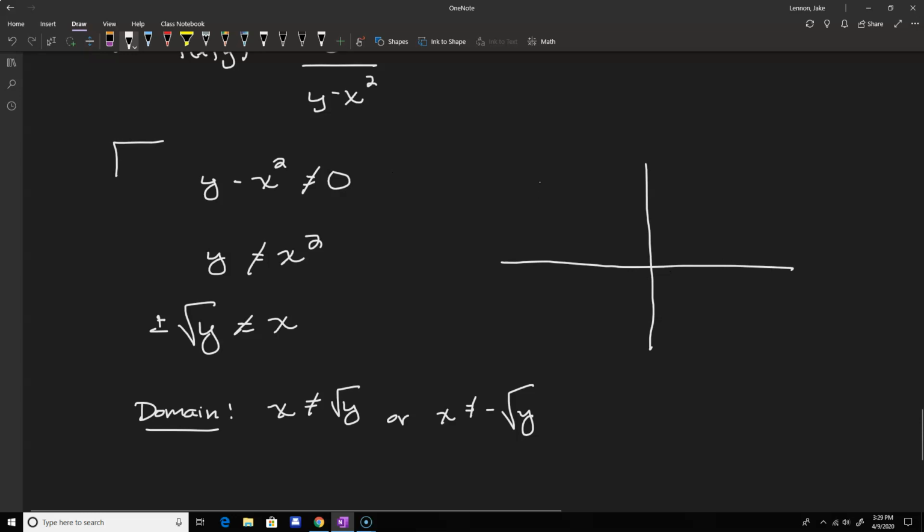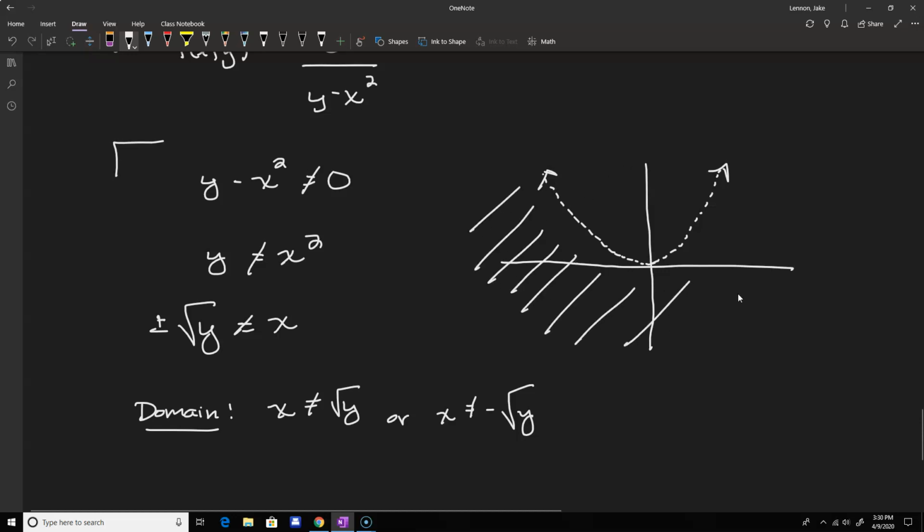Basically, y equals x squared is the parabola, right? So if we graph that parabola y equals x squared, we get this thing right here. So we are not allowed to be any point on that parabola, but we could be any other ordered pair in the whole plane. So basically you would shade everywhere else besides that parabola, and that would be your domain of f of x, y.